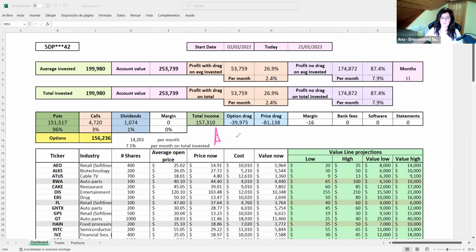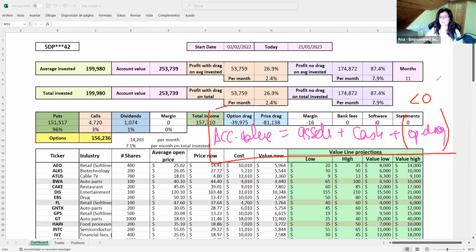Account value equals the price of the shares, the asset price, plus the cash that we might have, and the option drag, which is a negative term, so I'm going to put it between brackets. This is negative always. It has these three components.